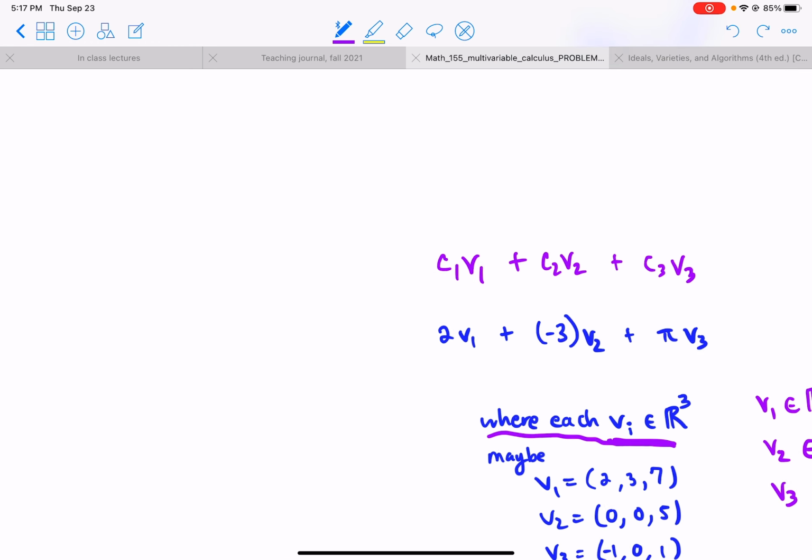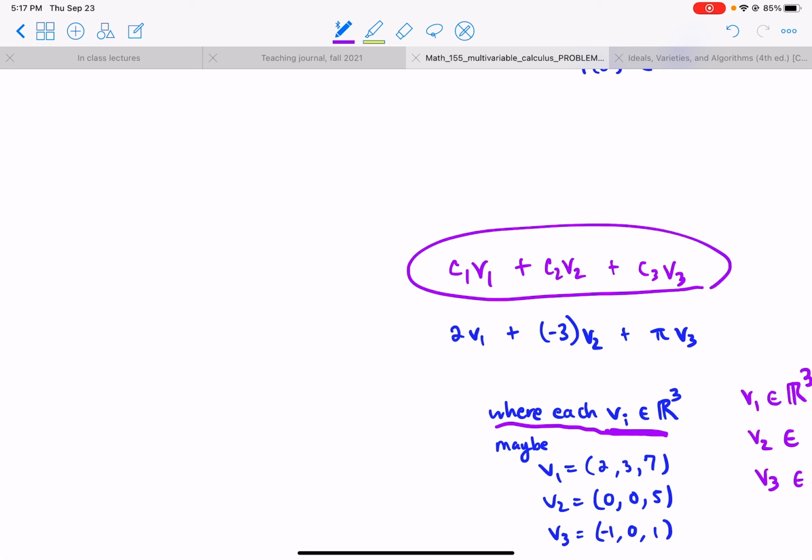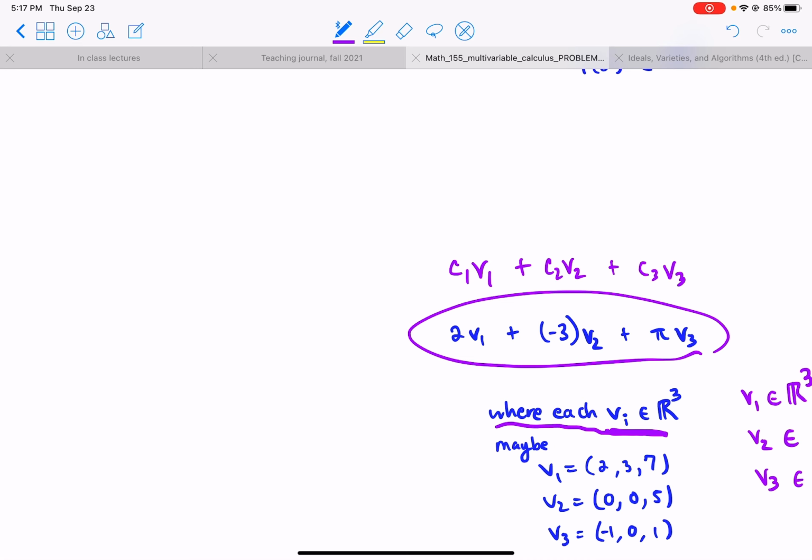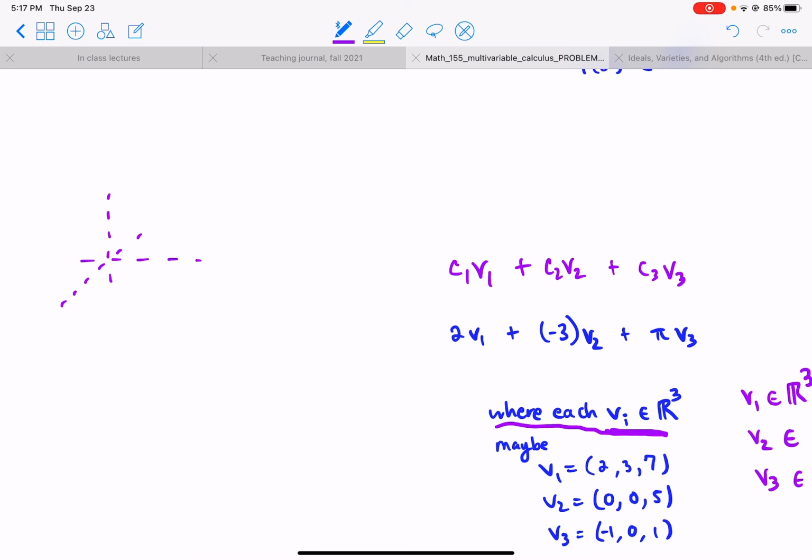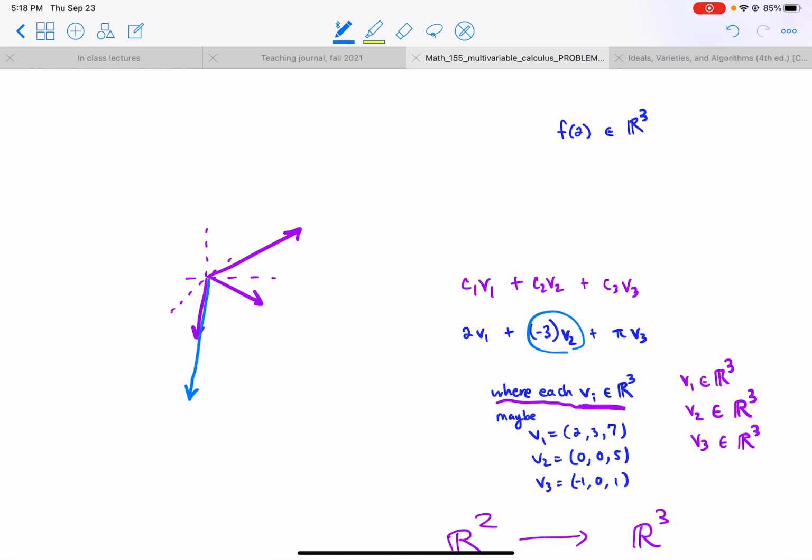Okay, so what is the cartoon picture of, let's say, a linear combination of three vectors in R3? Well, if I have some vector, some other vector, and a third vector, what I'm going to do is scale the first by 2, and then scale the second by -3.